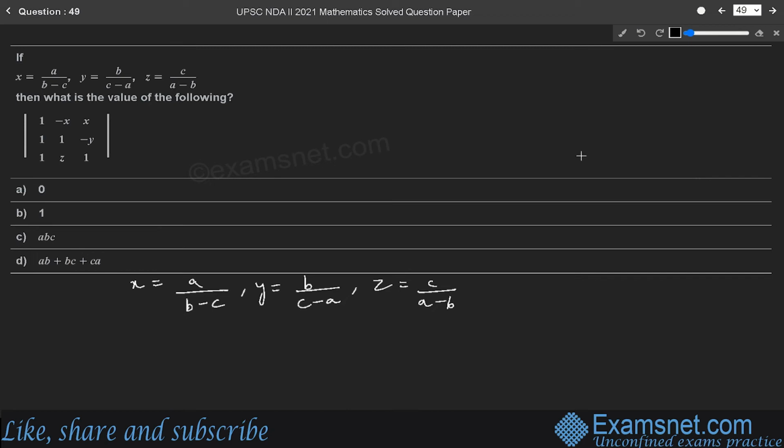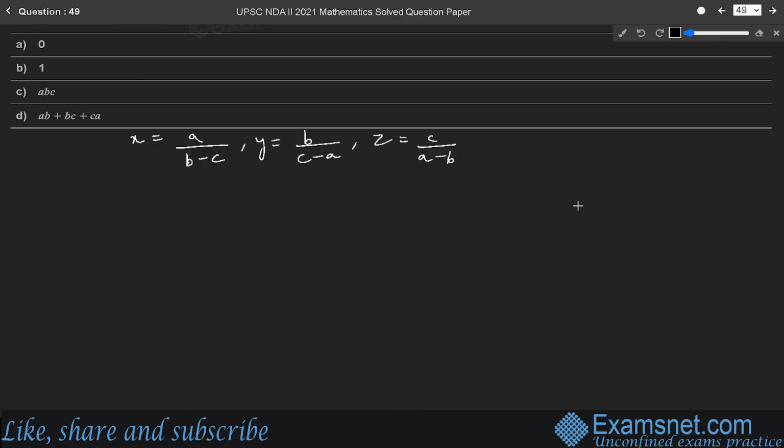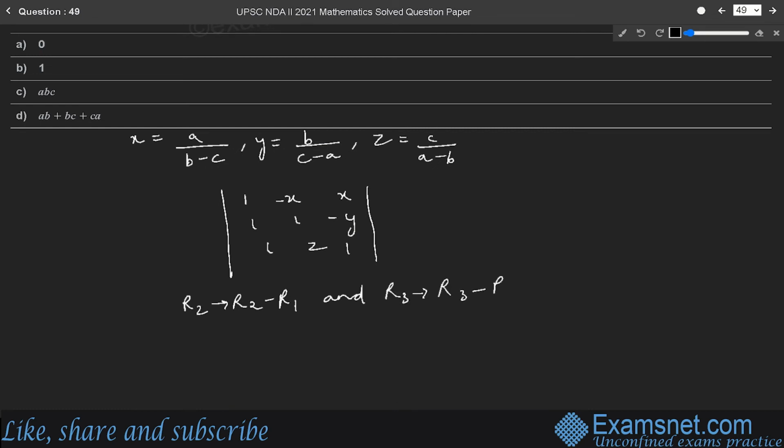The determinant given is 1, x, minus x; x, 1, minus y; and 1, z, 1. This is the determinant. Now applying some operations here, we get R2 tends to R2 minus R1 and R3 tends to R3 minus R1.